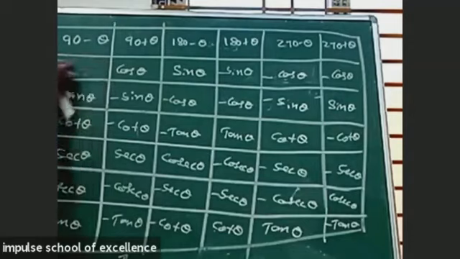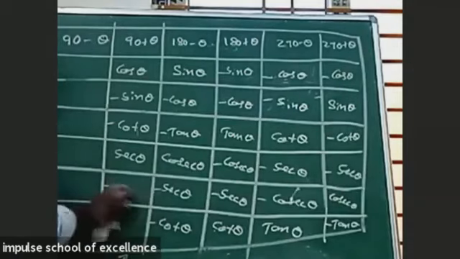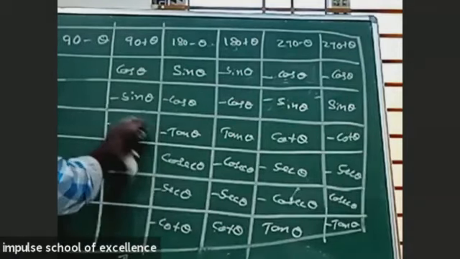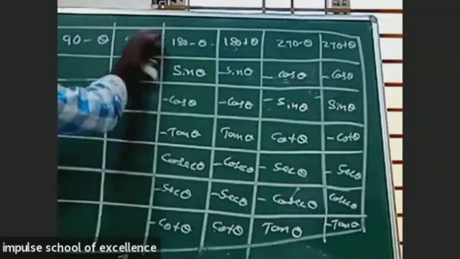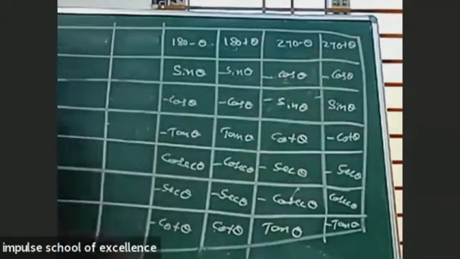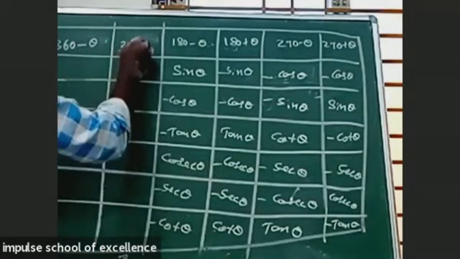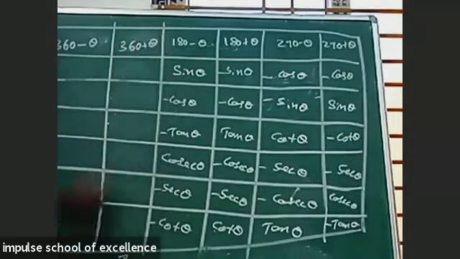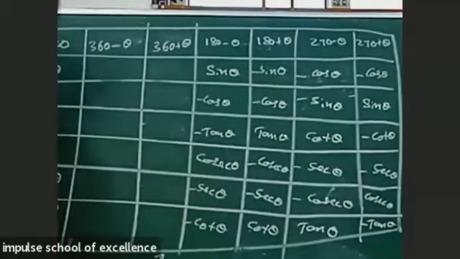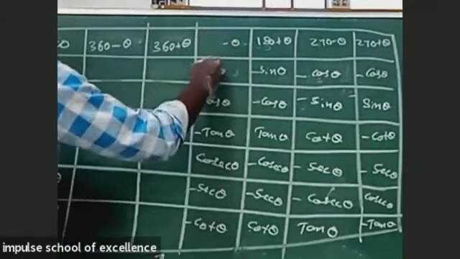Still we have two more columns: 360 minus theta and 360 plus theta. In the same way, we have minus theta also, which we can remember.